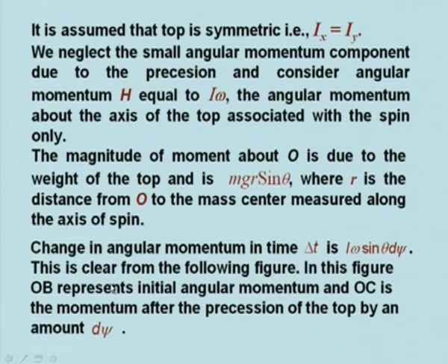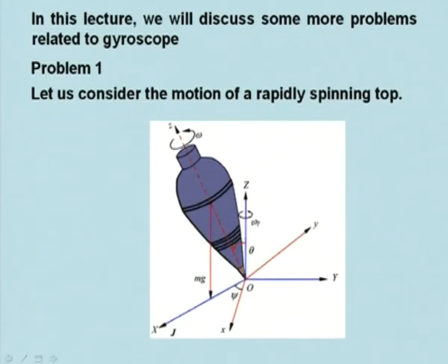The magnitude of moment about O is due to the weight of the top and is mgr sin theta, where r is the distance from O to the mass center measured along the axis of spin. So mgr sin theta.